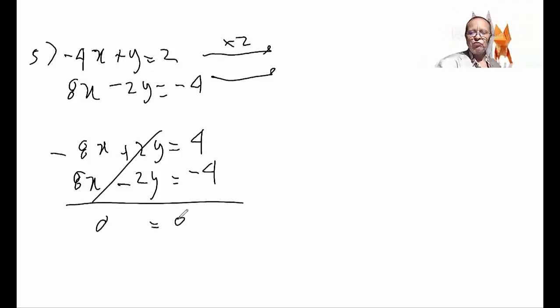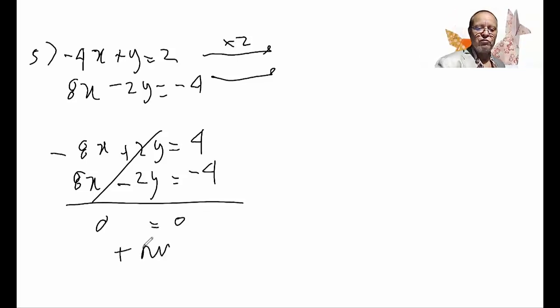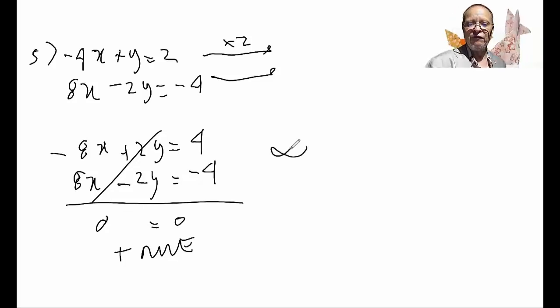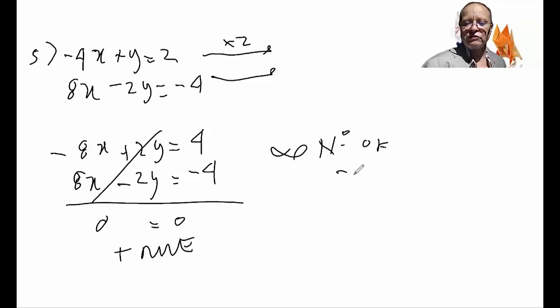But this is true. 0 is equal to 0, and this is true. So if you get a situation where the equality is true, like 0 is equal to 0 or 4 is equal to 4, or whatever is equal to the same whatever, that means that there are an infinite number of solutions.